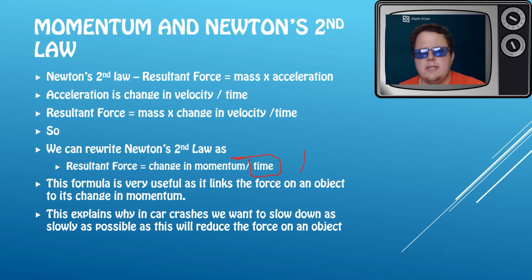So if we can increase the time, then we're going to decrease the force. And this explains why in car crashes we want to slow an object down as slowly as possible, giving it its greatest time and lowering that resultant force.